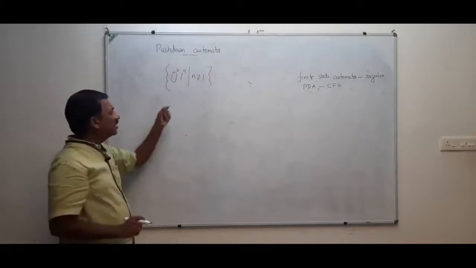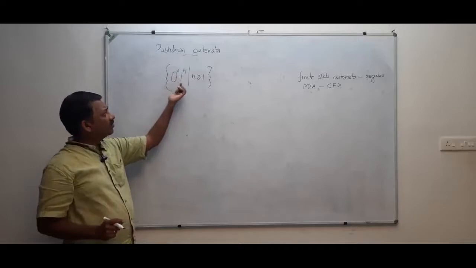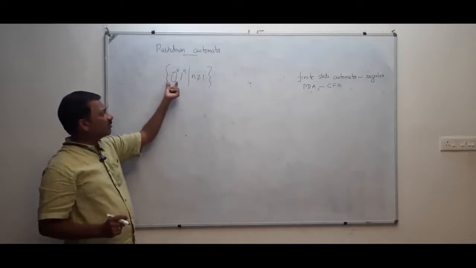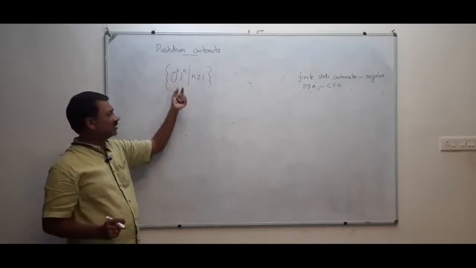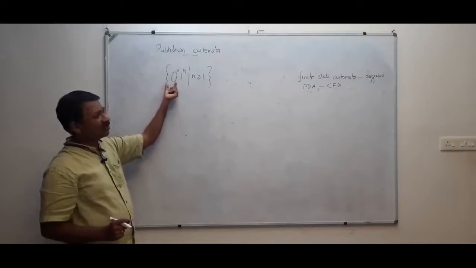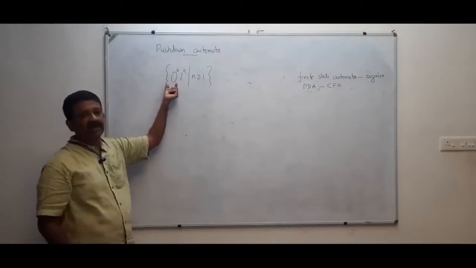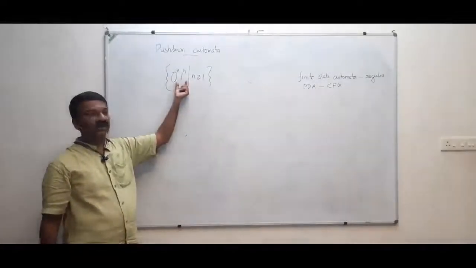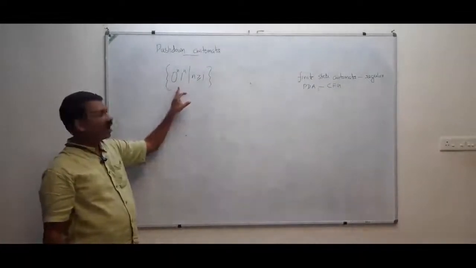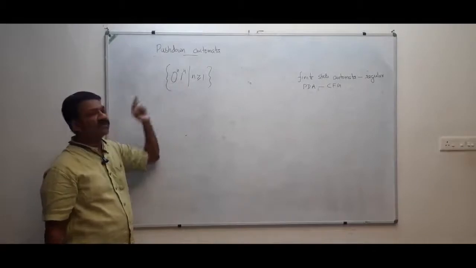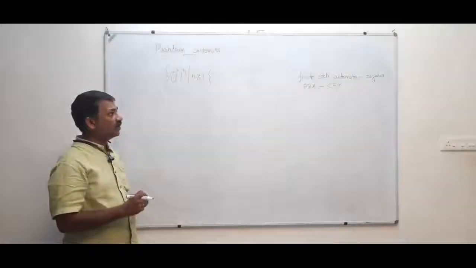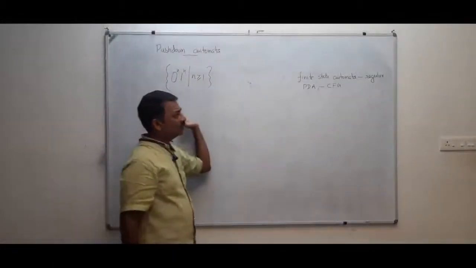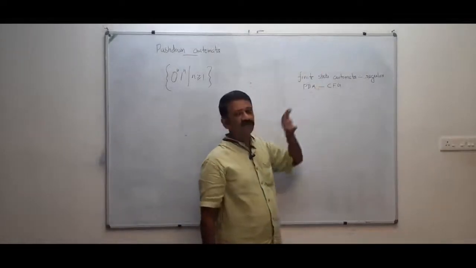That means n number of zeros followed by n number of ones. Initially you have to count or remember how many zeros there are, and when you are processing the ones, the number of zeros and number of ones should be the same. So we are not able to design a finite state automaton for that.